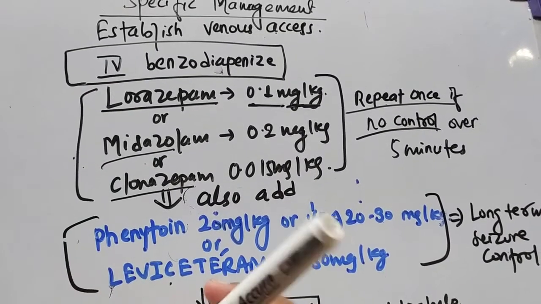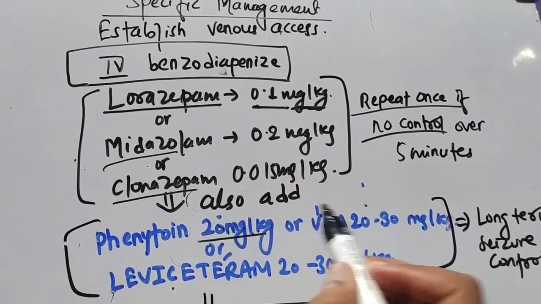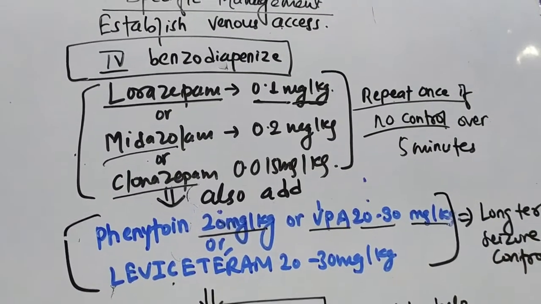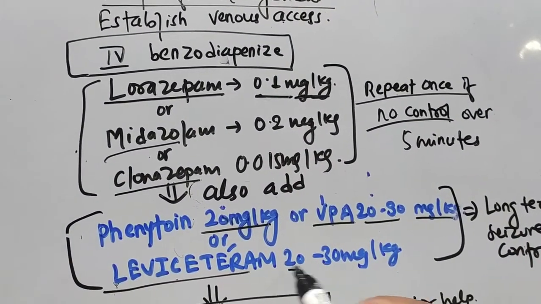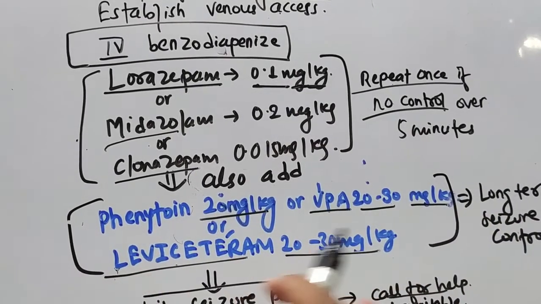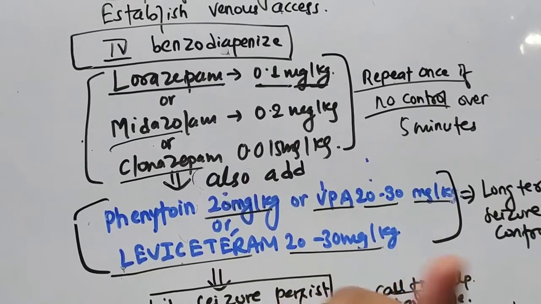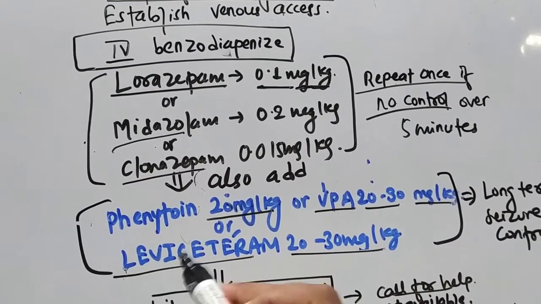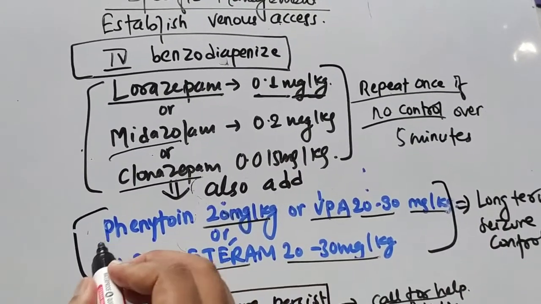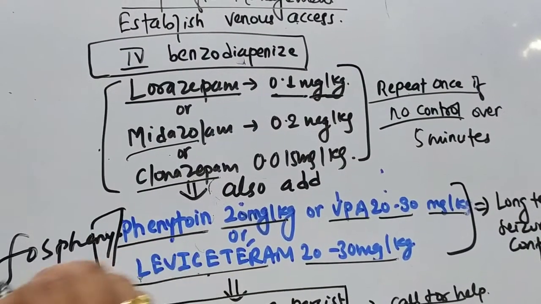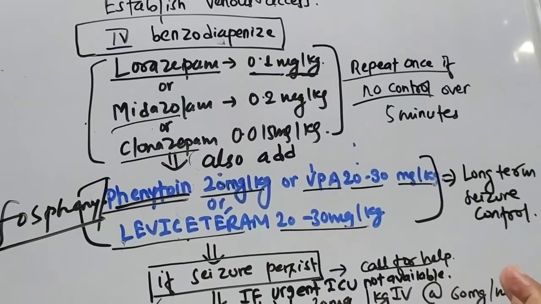Phenytoin is given at 20 mg per kg, valproic acid at 20 to 30 mg per kg, and levetiracetam also at 20 to 30 mg per kg. The dose is almost the same for phenytoin or fosphenytoin, valproic acid or levetiracetam, but we will give either phenytoin or fosphenytoin. You can give any one.